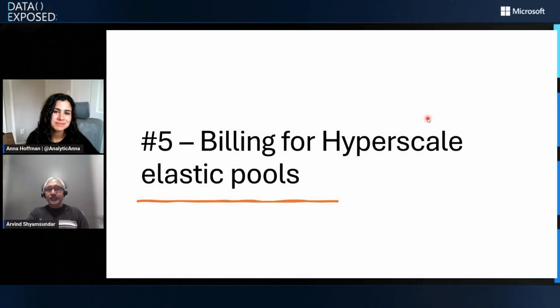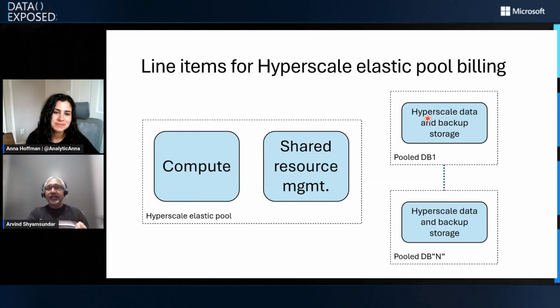So when it comes to billing hyperscale elastic pools, I want to just recap some of the key things that are involved. The compute associated with the elastic pool is charged on a per week or per hour basis. In the case of hyperscale elastic pool, we add on a specific cost element.